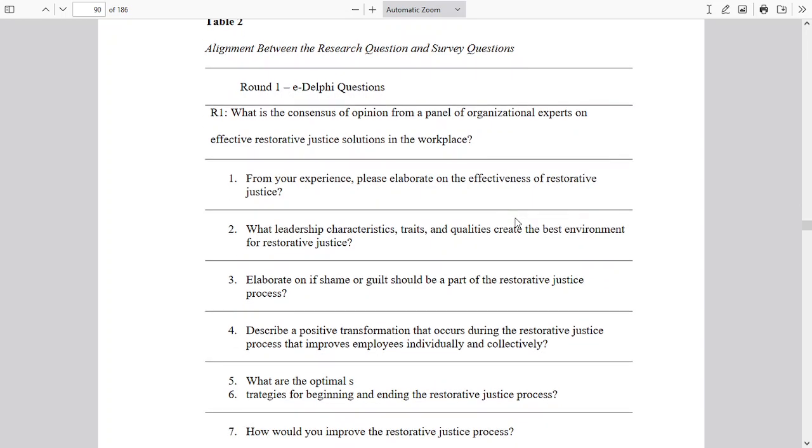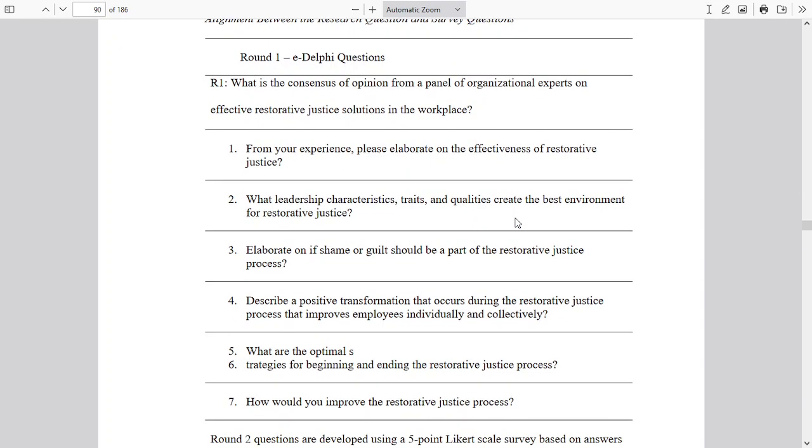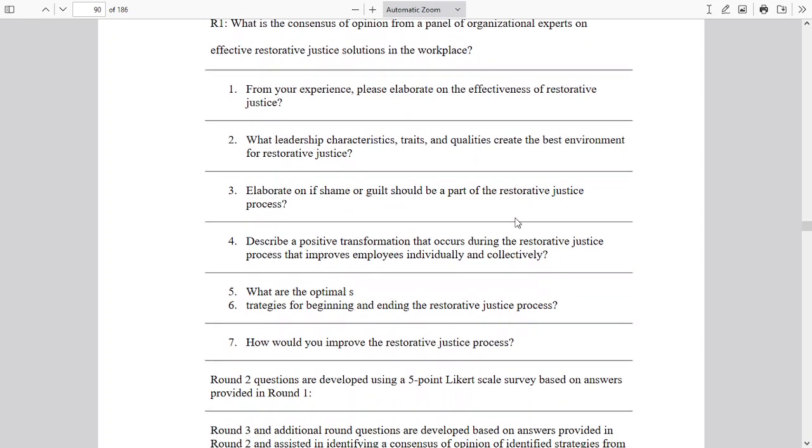What leadership characteristics, traits, and qualities create the best environment for restorative justice? Elaborate on if shame or guilt should be part of the restorative justice process. Describe a positive transformation that occurs during the restorative justice process that improves employees individually and collectively.